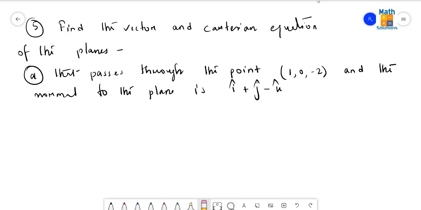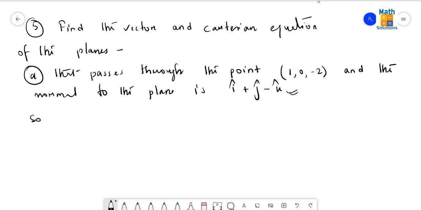So here in this case, while doing the solution, what do we have to do? The equation of the plane that will be normal to this plane.